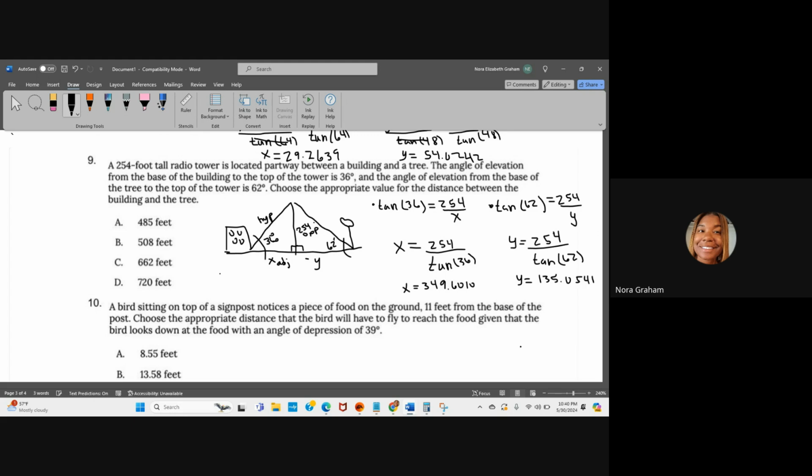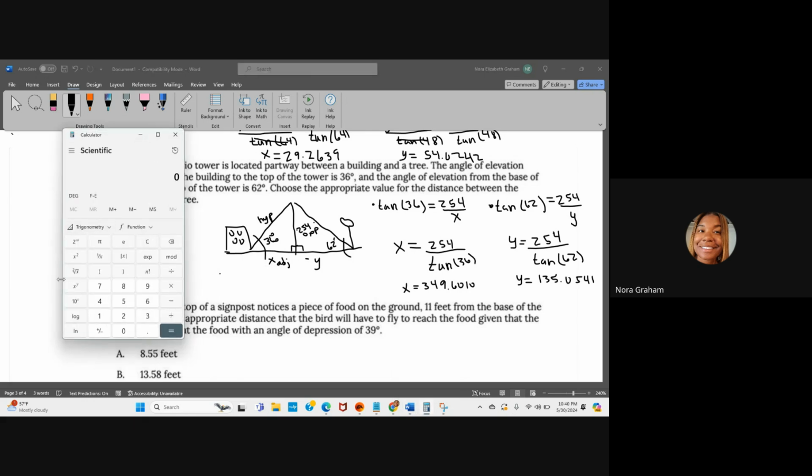Okay, perfect. Again, we're trying to find the distance of x and y on the space, so I add these both together. When I add these both together, I am going to get, let me see what I got, 349.6010 plus 135.0541, which is 484.6.